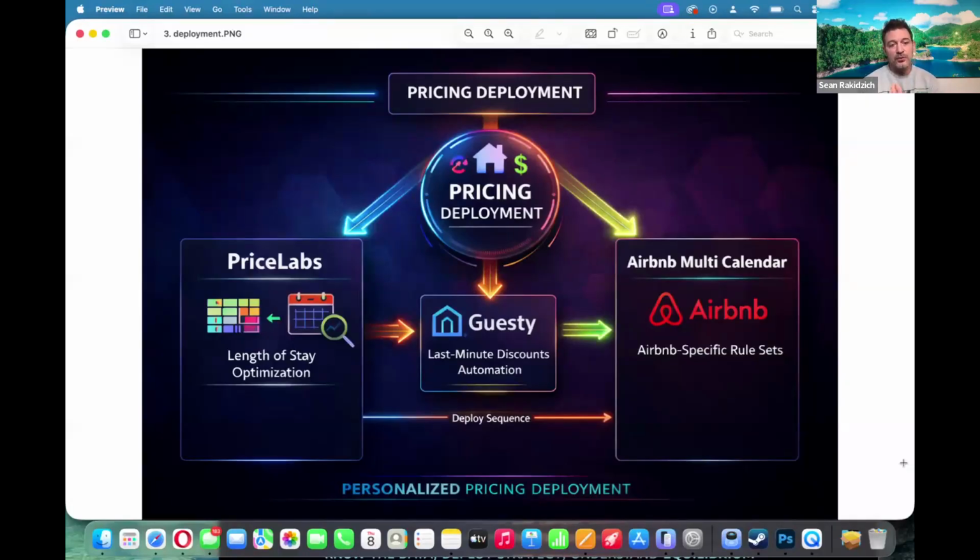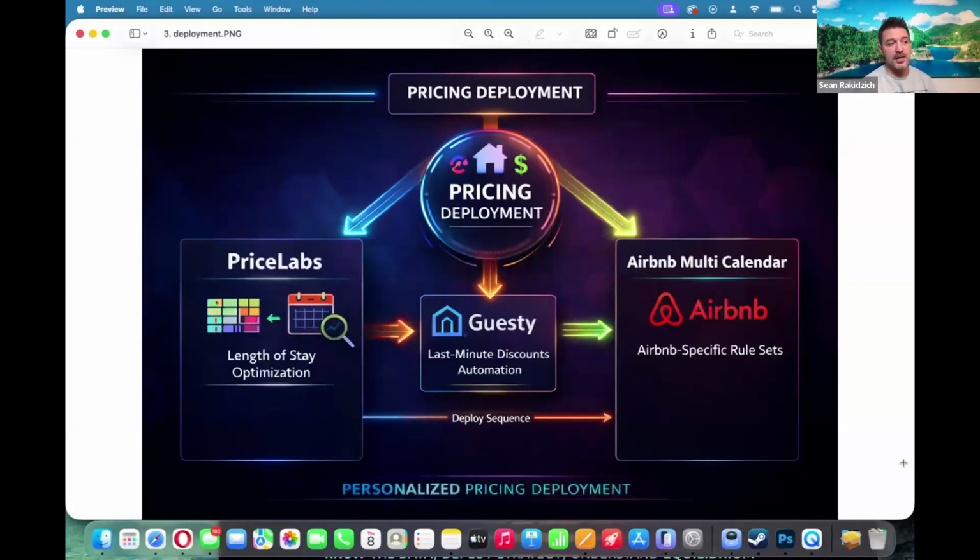I in Guesty will do my last minute automations because of the granularity of the service that they have, the Guesty GPO. Not to promote any specific software, but I have a preference for length of stay optimizations in PriceLabs. I have a preference for last minute discount optimization in Guesty. And then Airbnb, they have features in something called Pro Tools, and those features are only available to Airbnb.